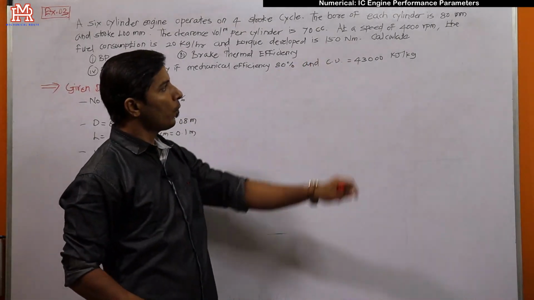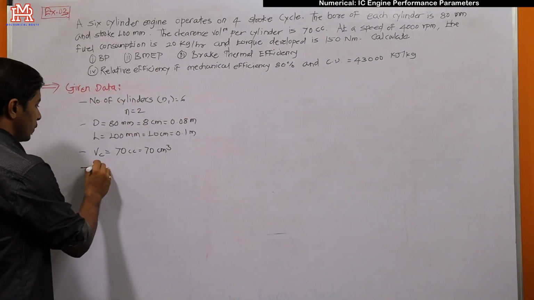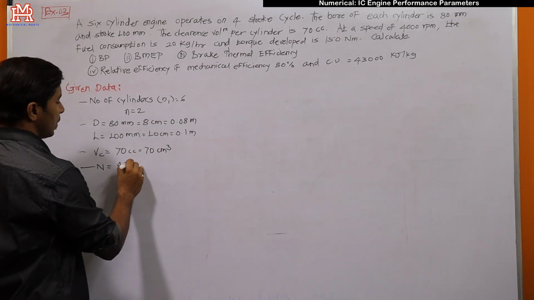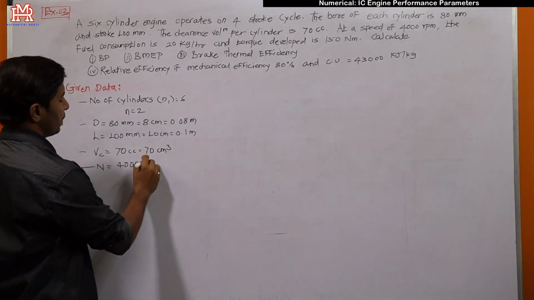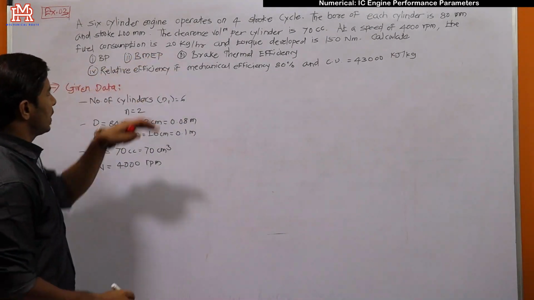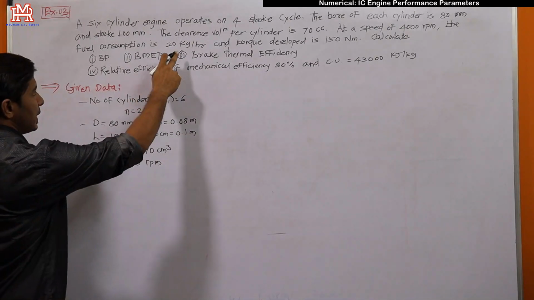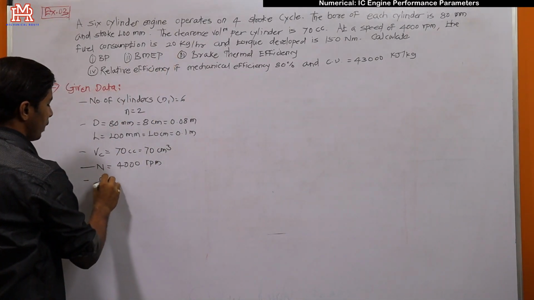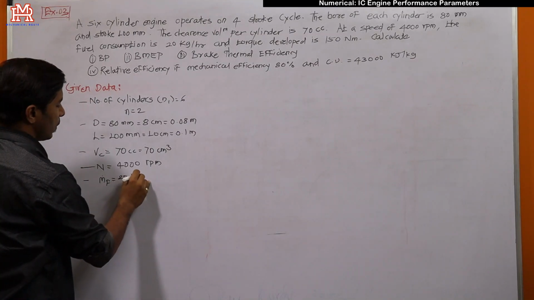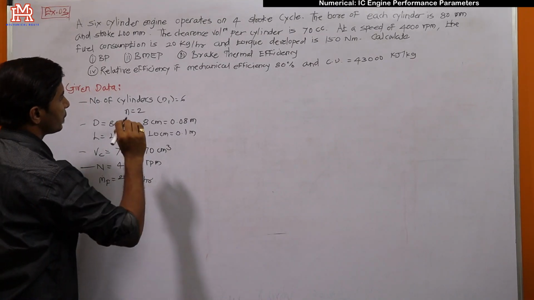At a speed of 4000 rpm, so capital N is given as 4000 rpm. The fuel consumption is 20 kg per hour. Fuel consumption m_f dot is given as 20 kg per hour.